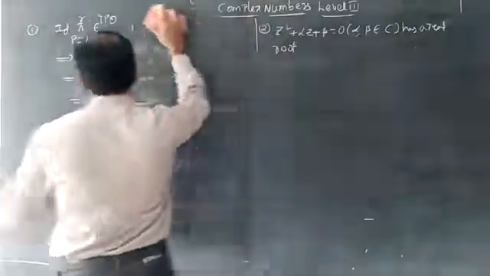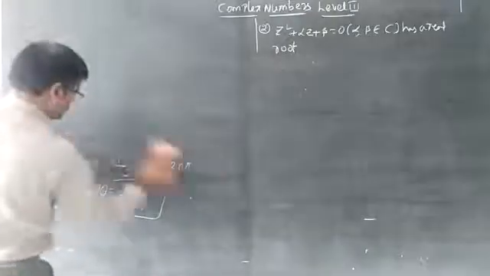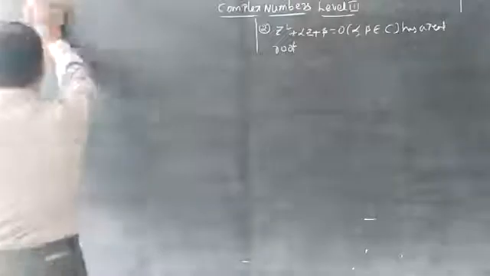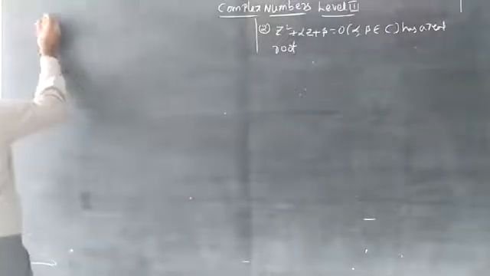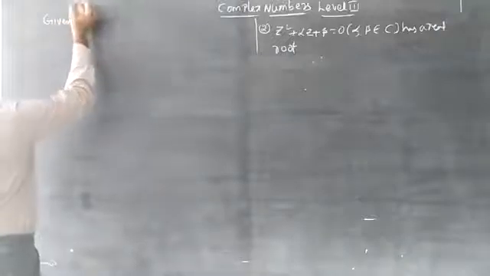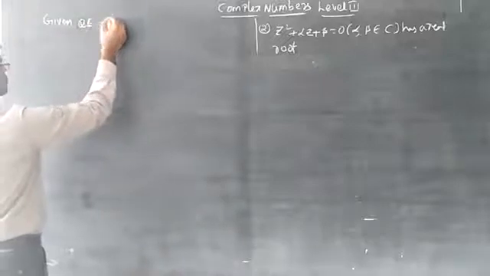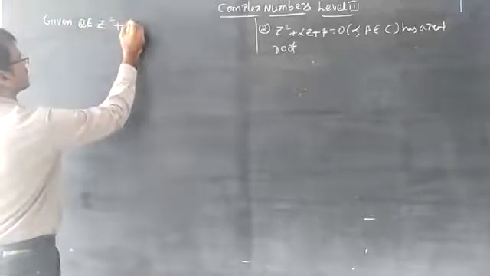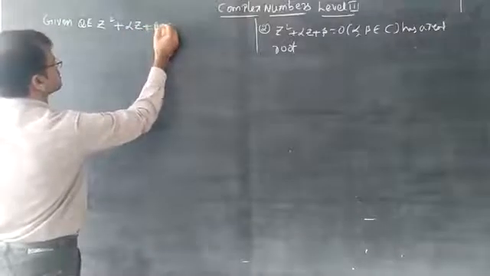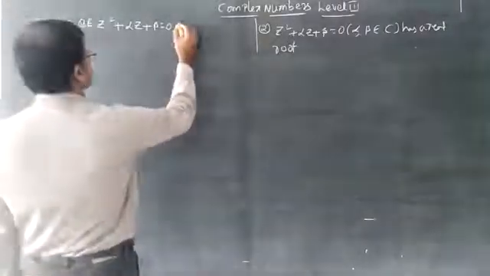Now since it has a real root, we can apply x plus i into 0. Given solution: here I am writing, given quadratic equation in complex numbers z square plus alpha z plus beta is equal to 0.